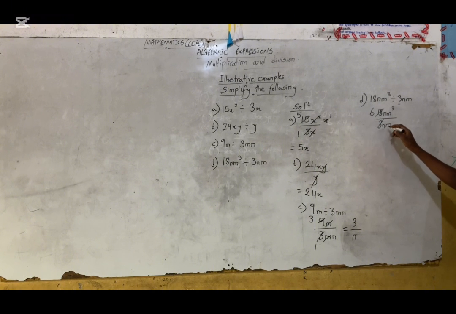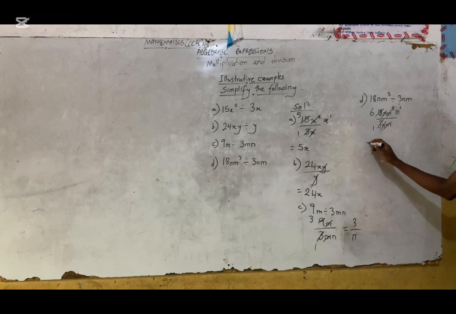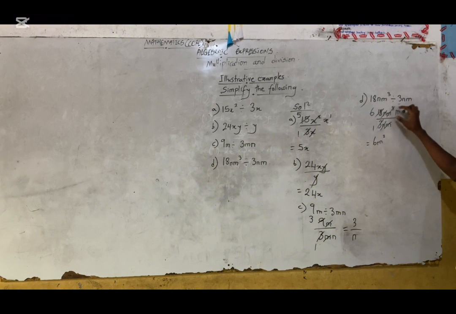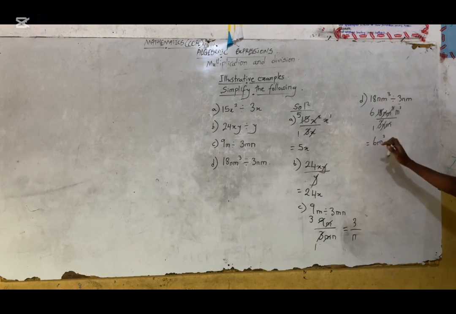Are we okay? 3 goes here 1, 3 goes here 6. n takes away n. 1m takes away 1m, remaining 2 of the m's. Alright, so we have 6m exponent 2. Anything over 1 is the same as that particular thing. So that is our answer.